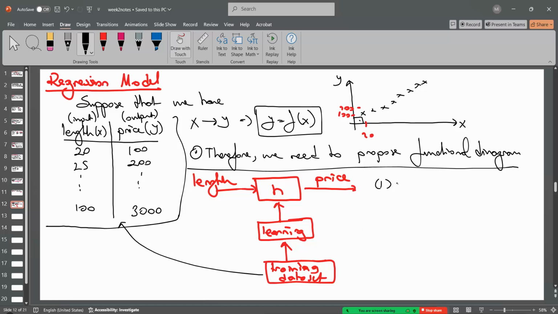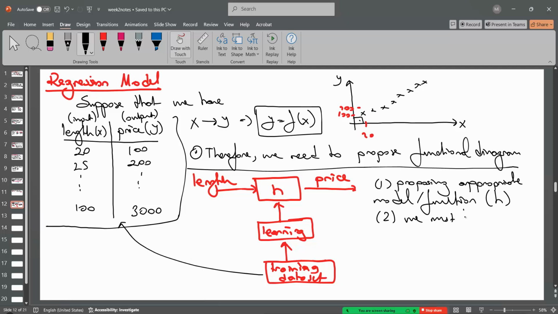Okay, and so in order to summarize this diagram, we need to propose the appropriate model or function, which we call h in here. Okay, and so also we must learn from the dataset, and also we propose a learning rule, right?